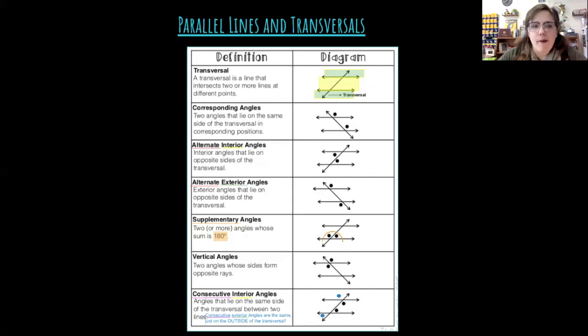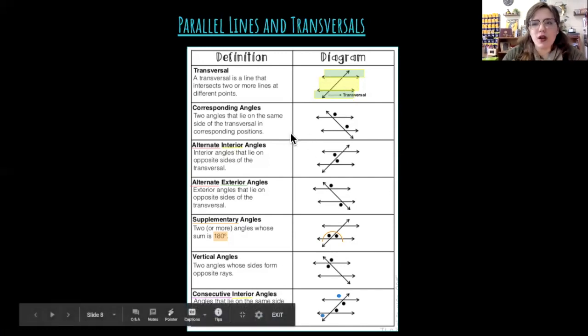So our parallel lines and transversals vocabulary. These are the different things that you need to know. We have our transversal, the line that intersects two or more parallel lines at two different points. Exterior, outside the parallel lines.